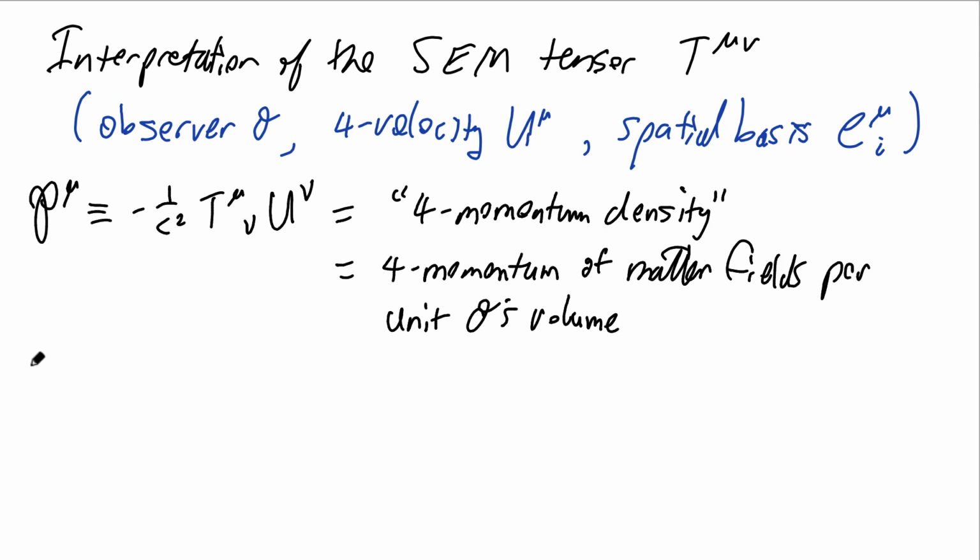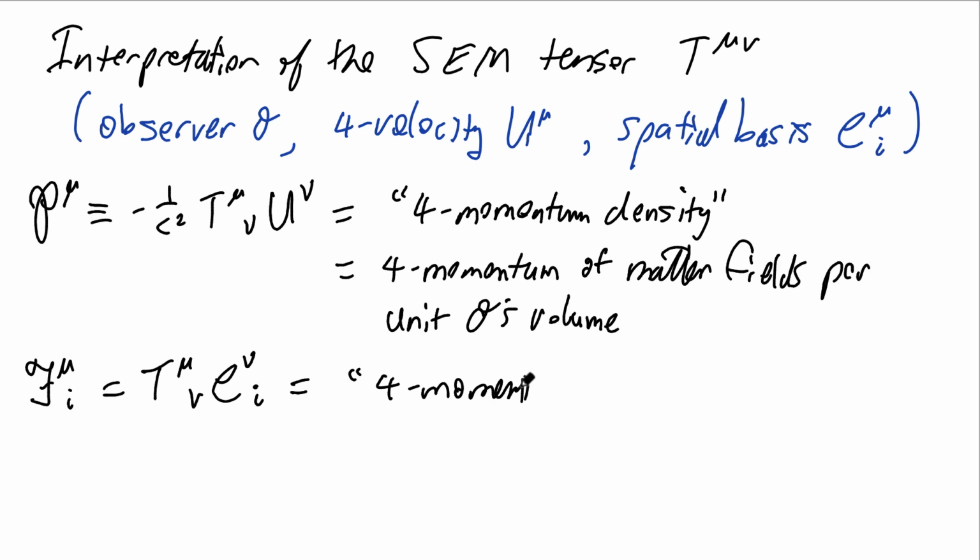And the other definition is, I'll call it curly F mu sub I. So this is a set of vectors, 3 different vectors. This is the stress energy momentum tensor T mu nu E nu I. And this is the 4 momentum flux.